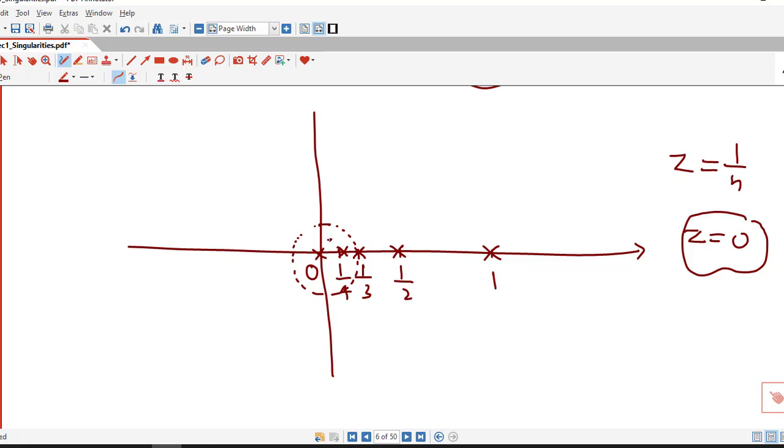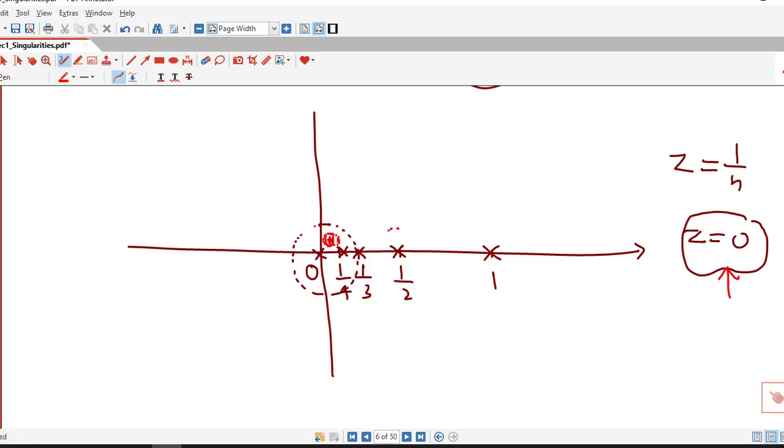But if we consider this point, the function is analytic at this point. We can always find at least one neighborhood of this point at which the function is differentiable. So for z equal to 0, we are always able to find at least one point in every neighborhood of z equal to 0 at which the function is analytic. Therefore z equal to 0 is a singular point of f of z.